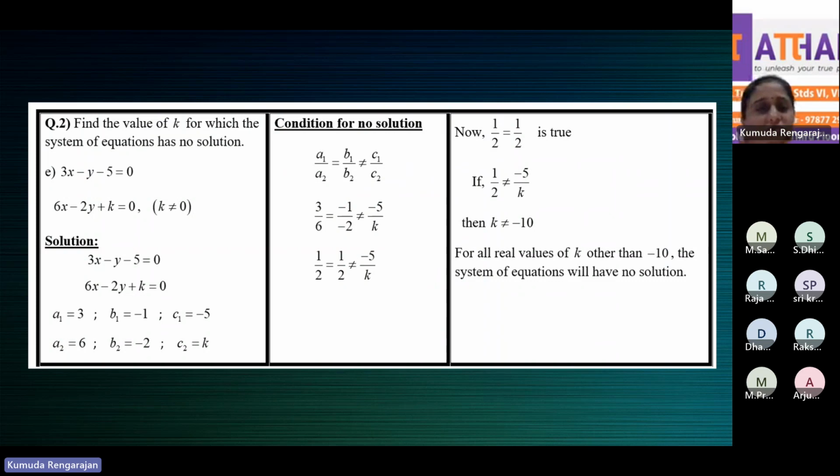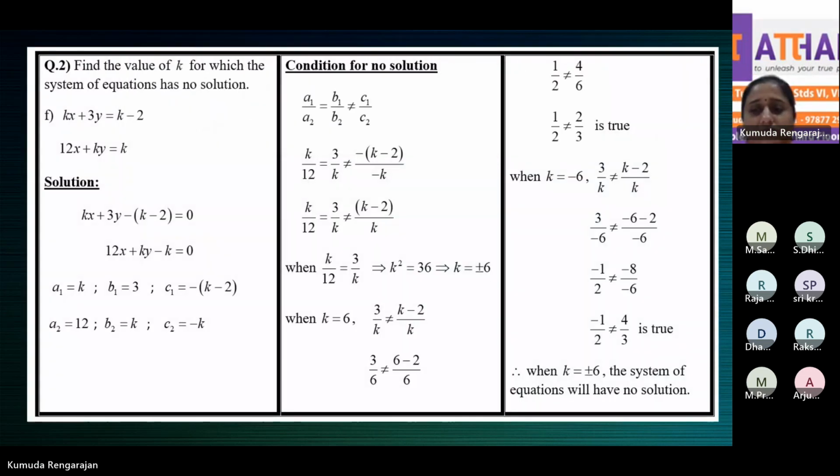Same thing. So here, you get k as plus or minus 6. When you check k equal to 6 with the second part, you get a true statement.